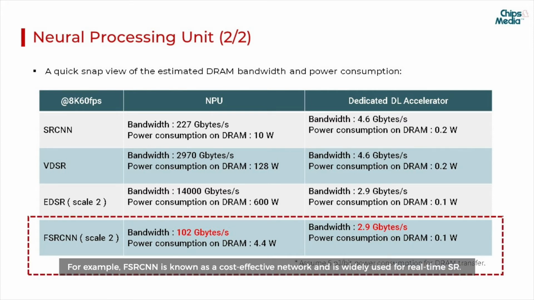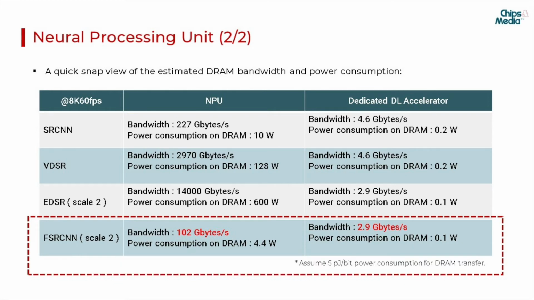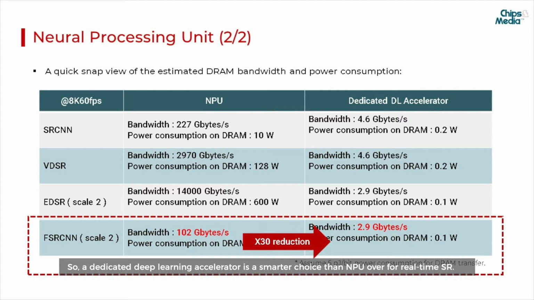For example, FSR-CNN is known as a cost-effective network and is widely used for real-time SR. Even FSR-CNN implemented on NPU consumes extreme bandwidth and power that the system cannot handle. So a dedicated deep learning accelerator is a smarter choice than NPU for real-time SR.